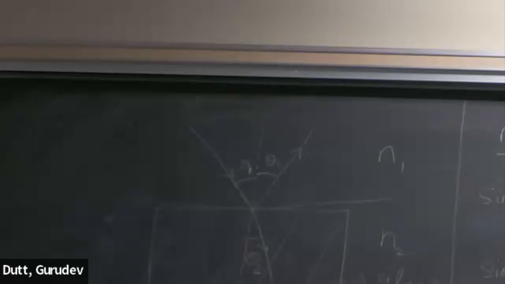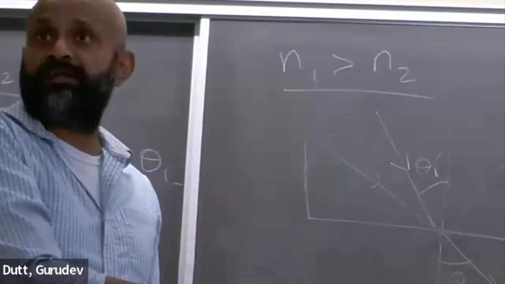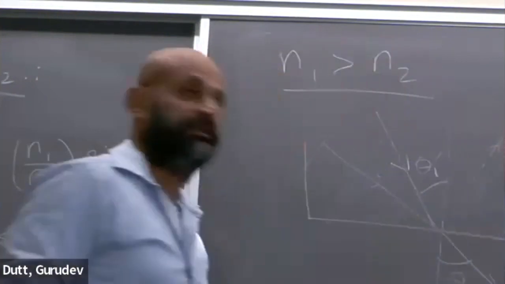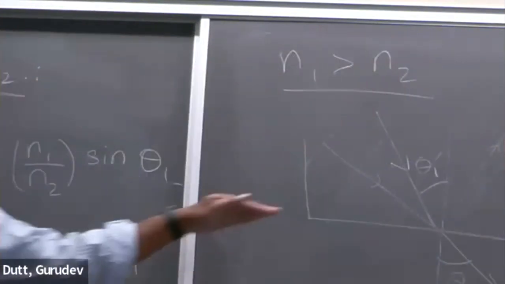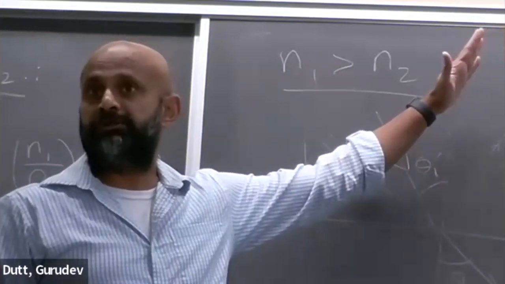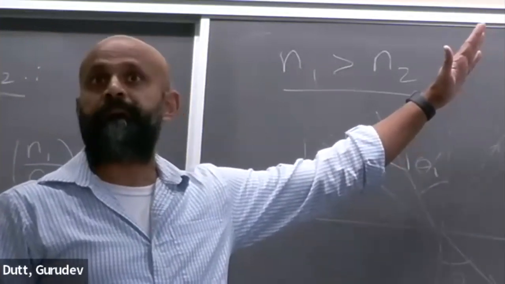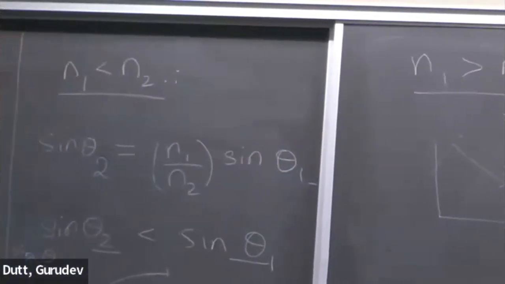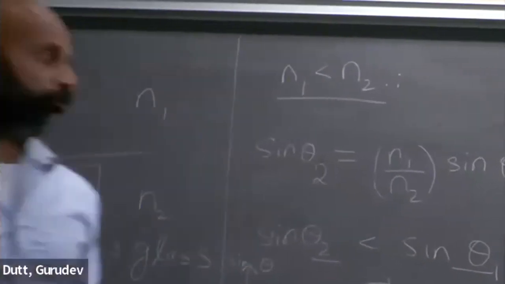Well, as I said, in this situation, I drew it as though there was no reflected beam, but remember, there's always a faint reflected beam going off at that interface. All that means is that there's no more transmitted beam, and all of the energy goes into the reflected beam, which you've all seen now in experiments. So that is the interpretation of what happens.